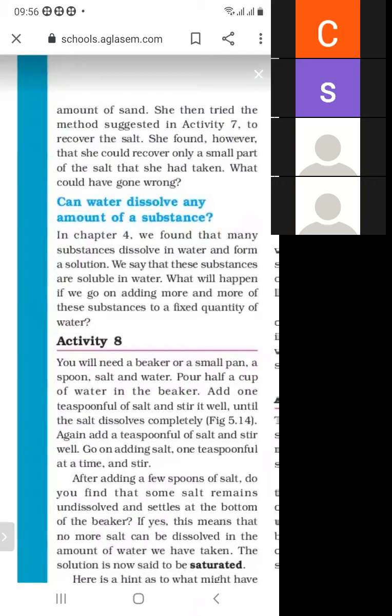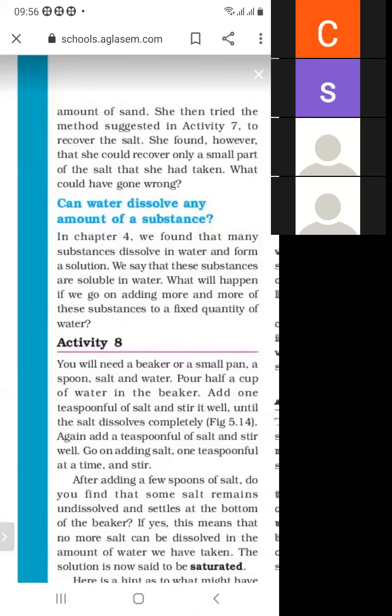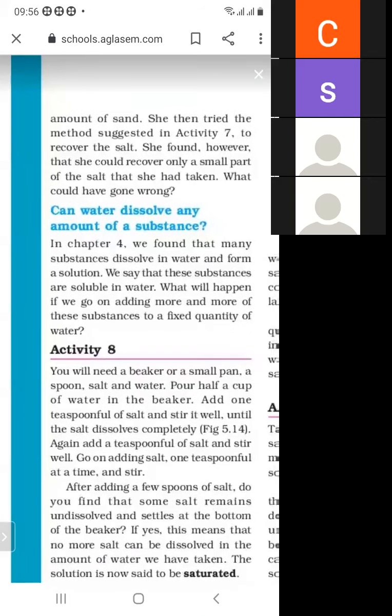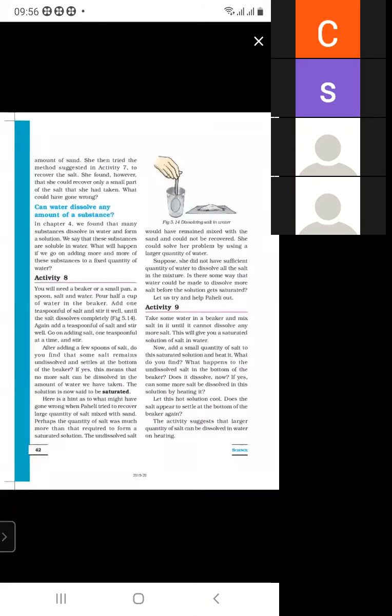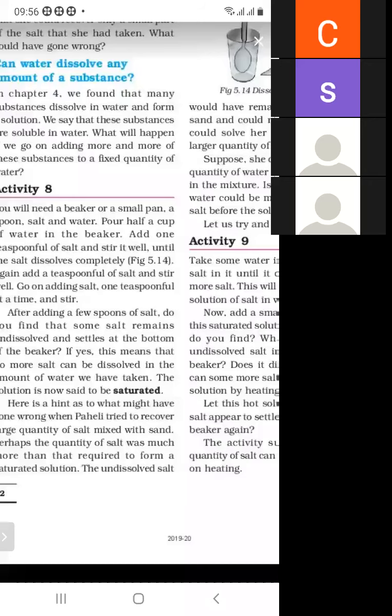When these substances dissolve in water, we say they are soluble in water. What will happen if we go on adding more and more of these substances to a fixed amount of water?